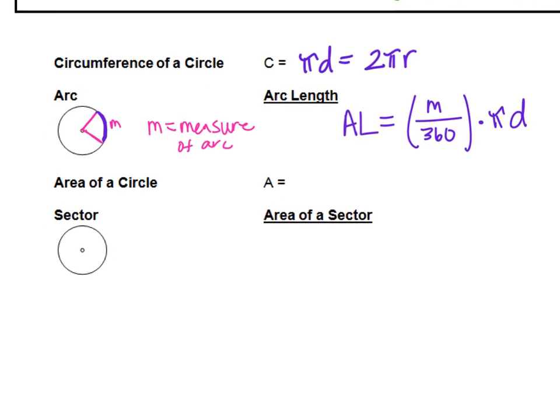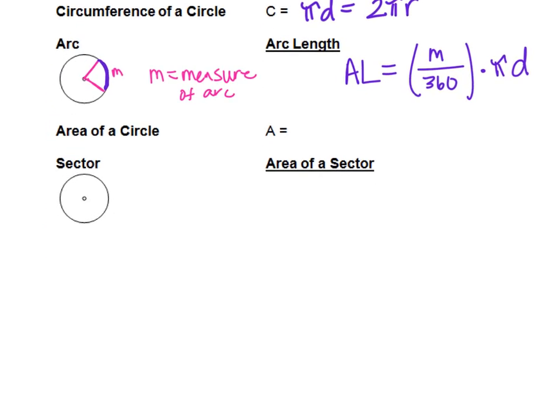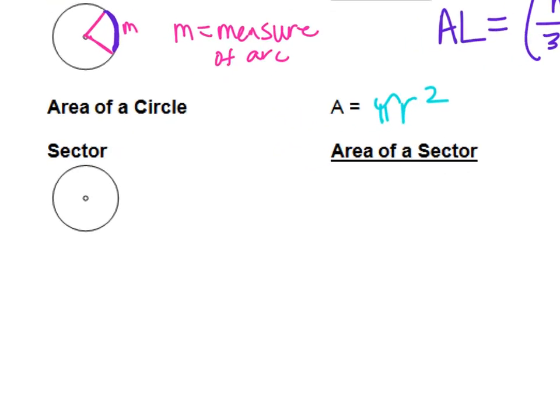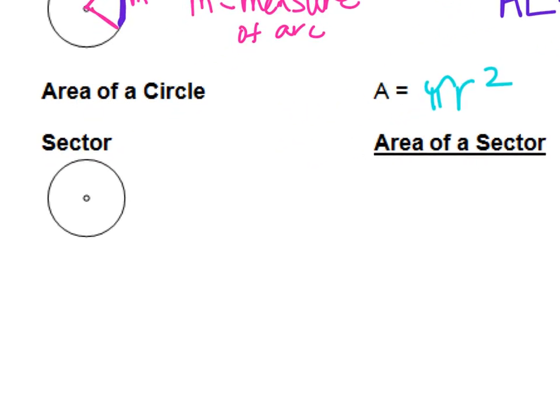Sounds fun, doesn't it? All right, so moving on to area of a sector. Area we know is equal to pi r squared. And then if we just think about what that looks like, a sector of a circle is, let's say you've got this arc right here, and the sector is going to be the area of that. So it is an area measurement.